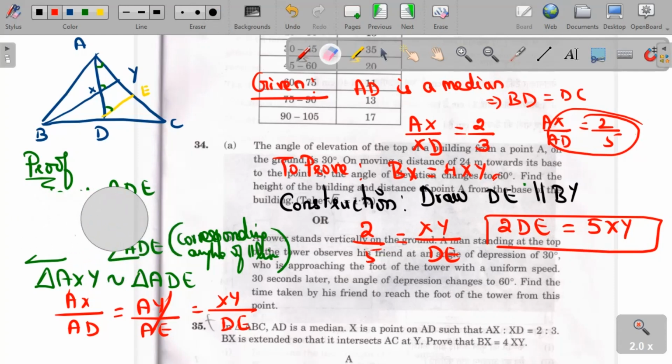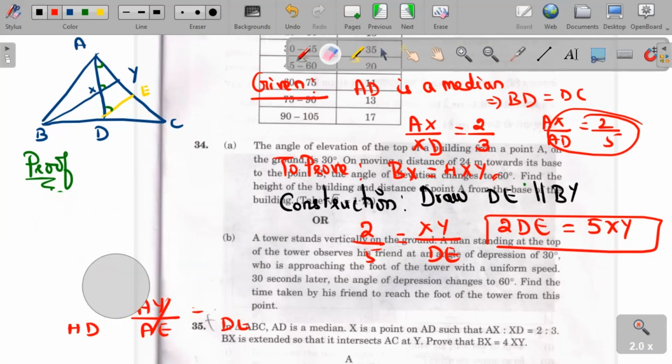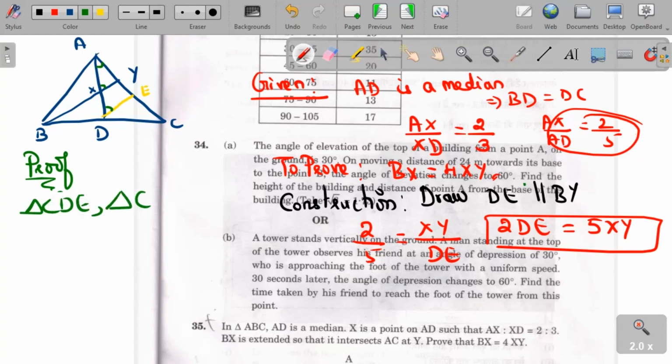Now we will take the second set of triangles. In this case, let's take triangle CDE and triangle CBY, this smaller triangle and this bigger triangle. So again, angle C is common angle. Now according to the construction, DE is parallel to BY.